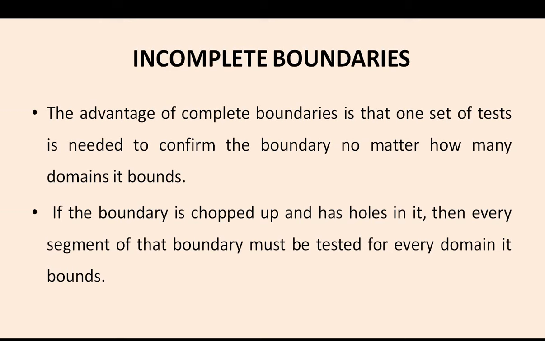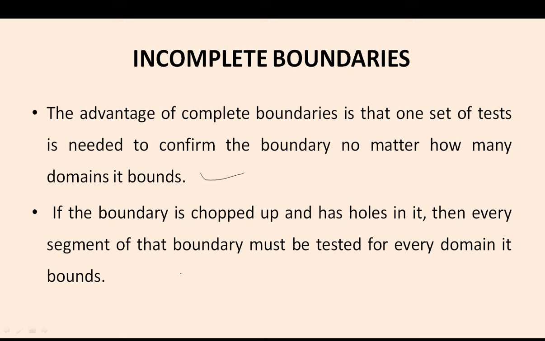Now what are the advantages of complete boundaries over incomplete boundaries? The advantage of complete boundaries is that one set of tests is needed to confirm the boundary, no matter how many domains it bounds. So testing is very easy. One set of tests is used to confirm it, so multiple rounds of testing are not needed.